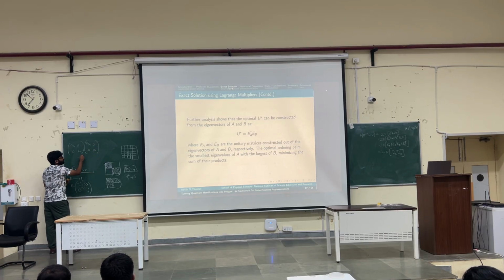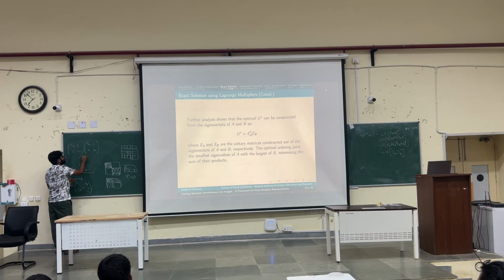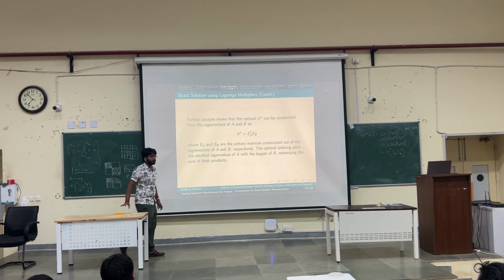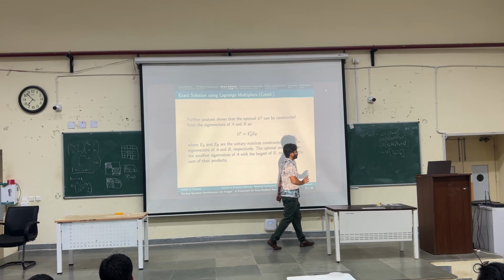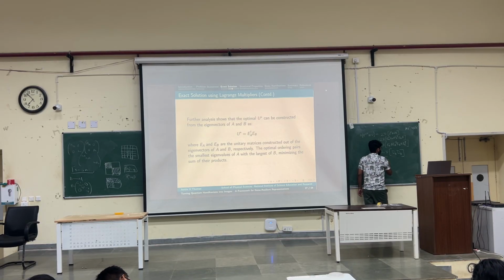If you multiply them, you just multiply the diagonals: lambda 1 mu1, lambda 2 mu2, up to lambda n mu n. This is twice the trace of EADB, so this will be twice the sum over i equals 1 to n of lambda i of A times lambda i of B.